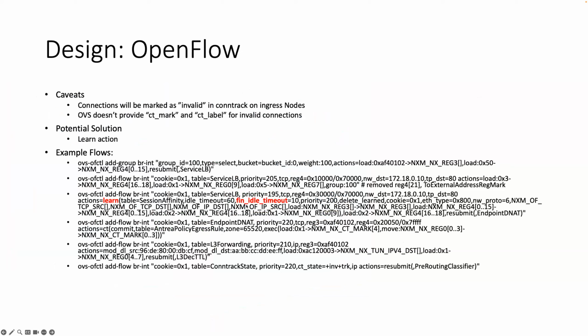So the source IP and the destination IP are the same when they are forwarded out of the ingress node. But we have to choose one backend node, right? And to remember the backend node, we have to persist the node information somewhere. So the per-connection storage is the CT mark and the CT label. Yeah, that's why I need it.